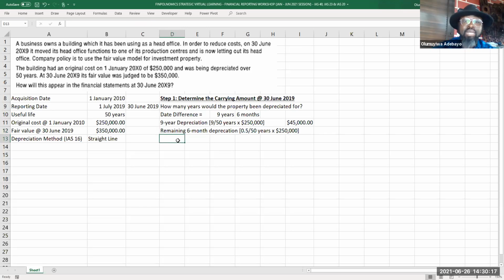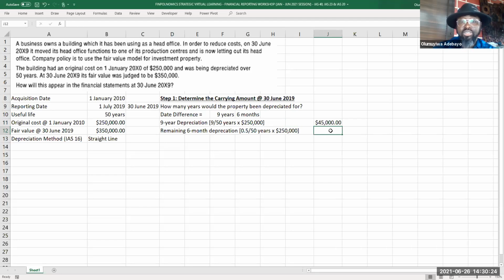Alternative to that is just say 9.5, I'll use the same thing. Now, how do I get 0.5?